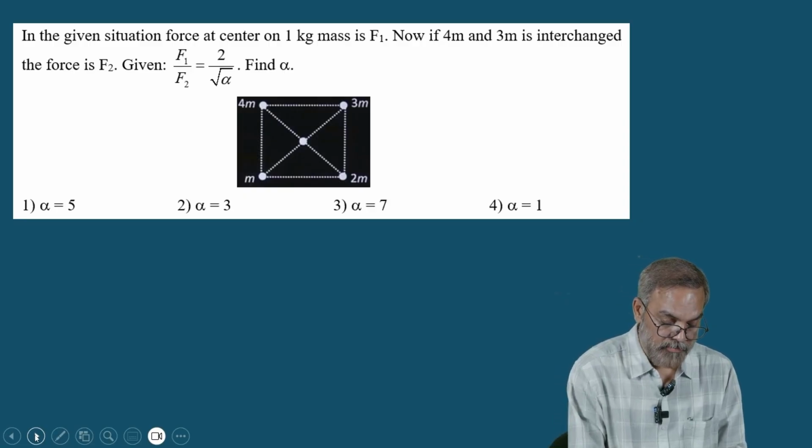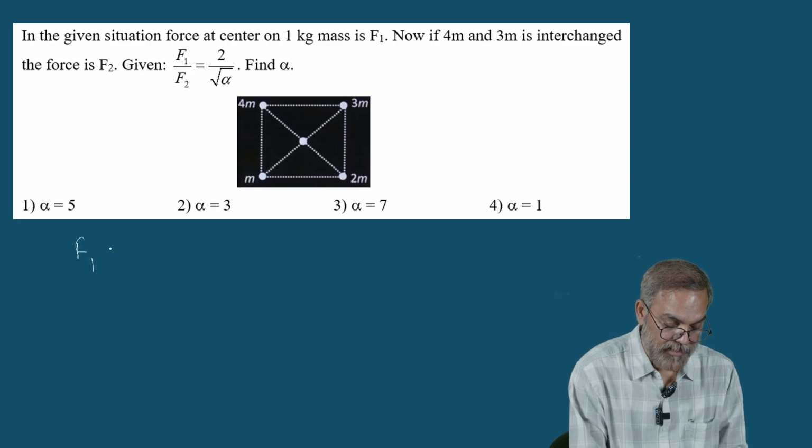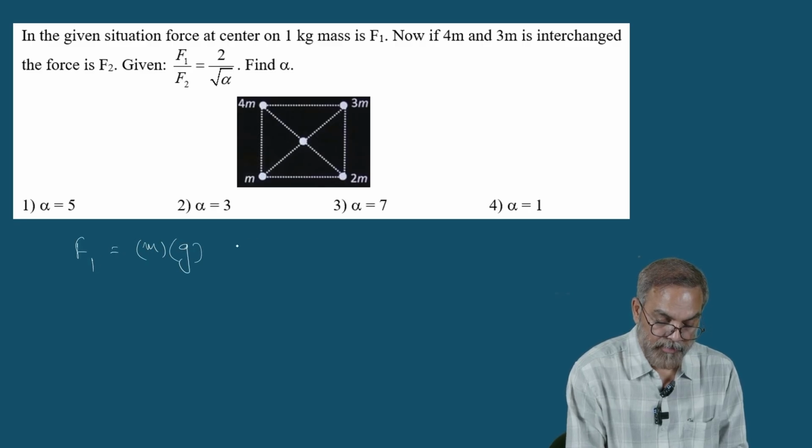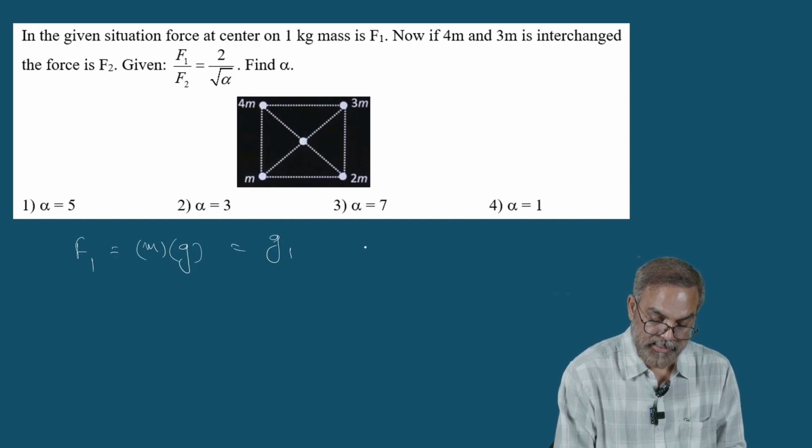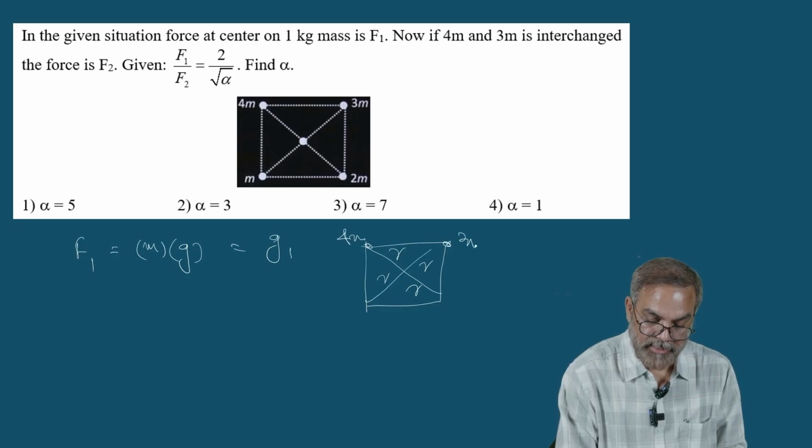Well, students, so I hope I can write F1 as mass times the value of G at the center. Now mass is 1, so I can write it as, let us say, G1 in this case. Now suppose in this diagram, I call this R, and here we have 4m, this is 3m, this is 2m, and this is m.